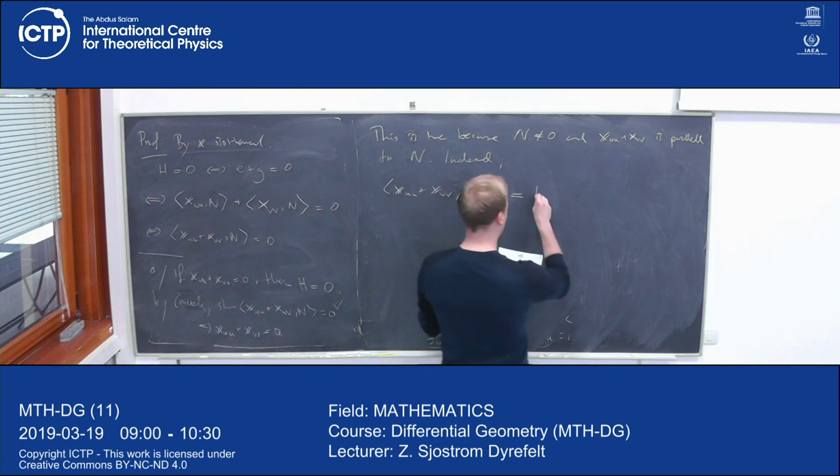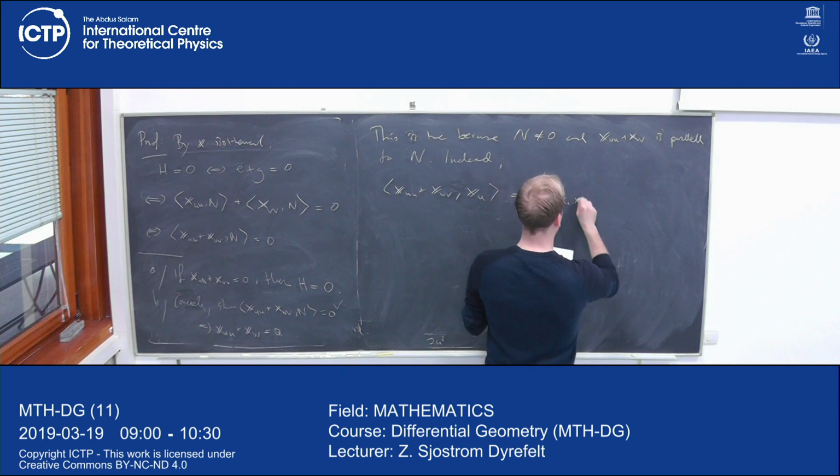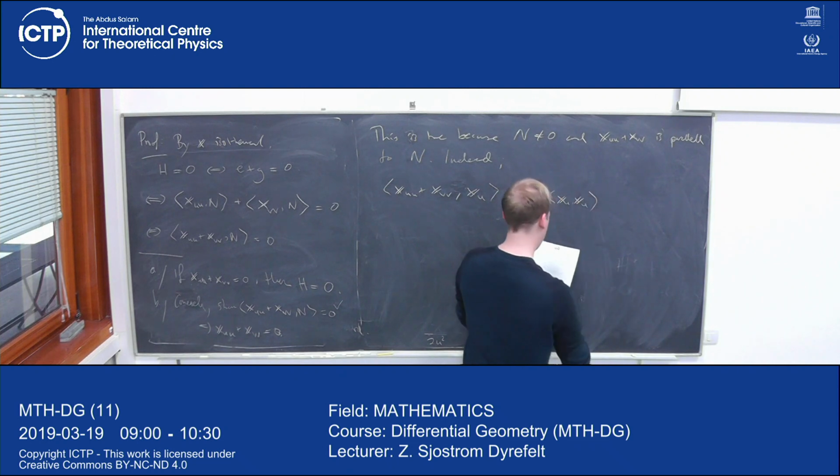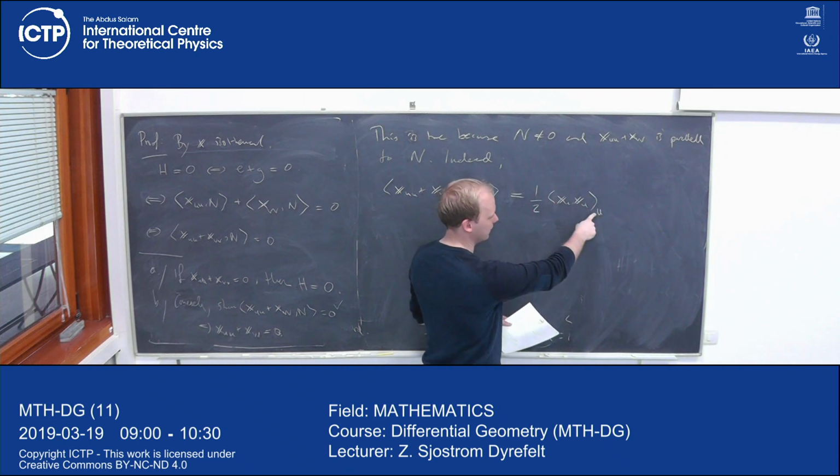And it probably will be. So it is equal to 1/2 of the derivative in the u direction of the scalar product of x_u with x_u. Okay, so this means that I take the derivative in the u direction of this scalar product.